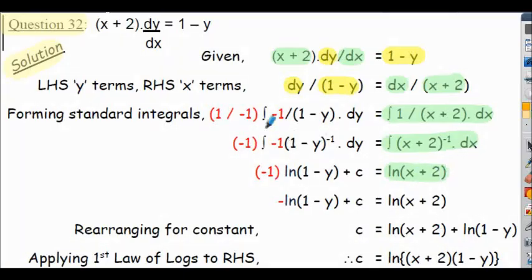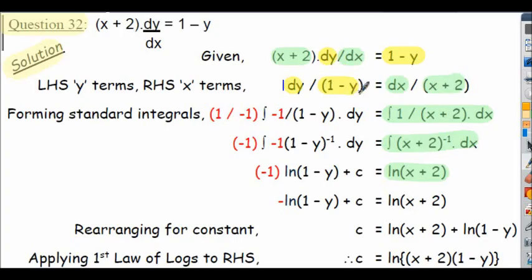On the left hand side, we can apply the same process here. If we differentiate the denominator, the 1 minus y, the 1 will disappear and the minus y will become a minus 1. But on the top of the equation, we effectively have a 1 times dy. But differentiating the denominator gives negative 1.